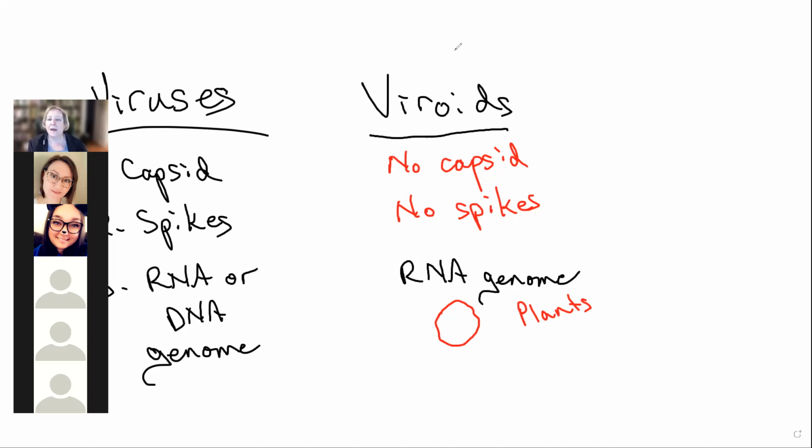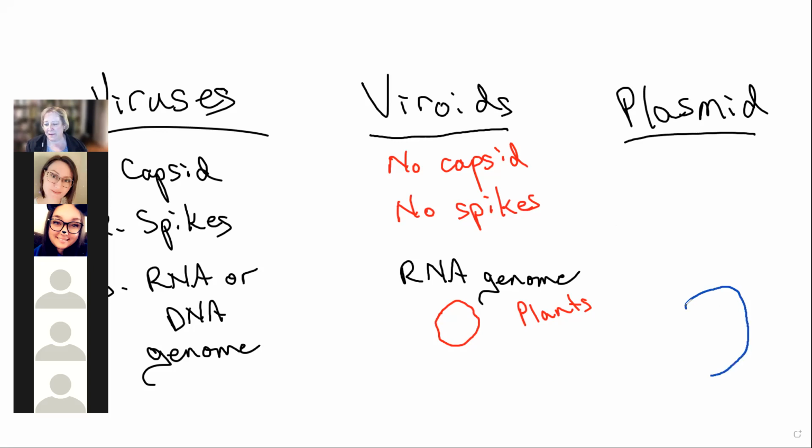Okay. Now there's another one that was in chapter 5, but we didn't talk about, and that's a plasmid. And a plasmid is a circle of DNA. Okay. They tend to be bigger than the viroids, okay, so that they have a DNA genome.